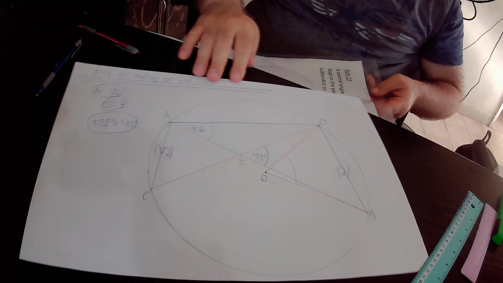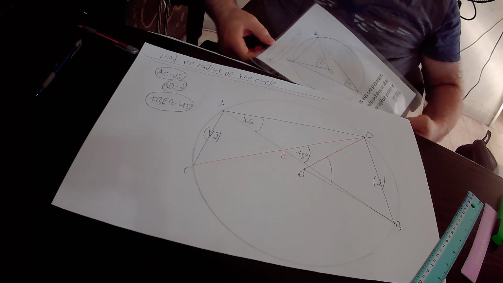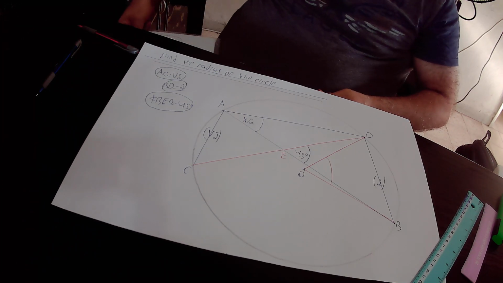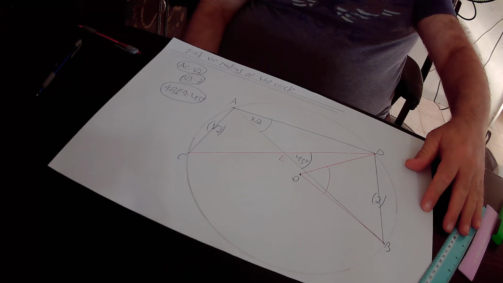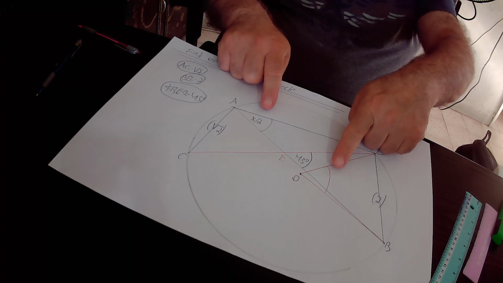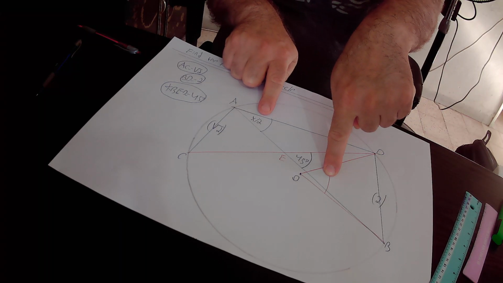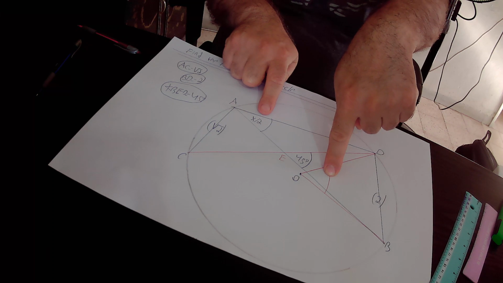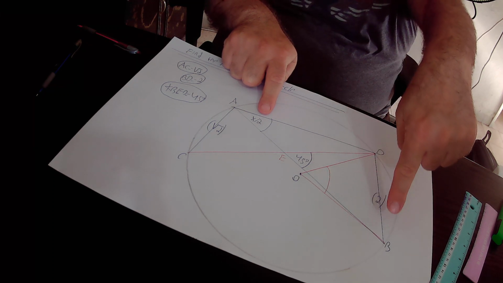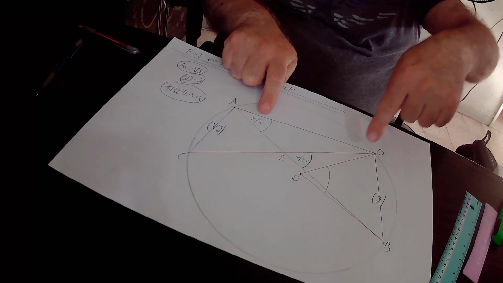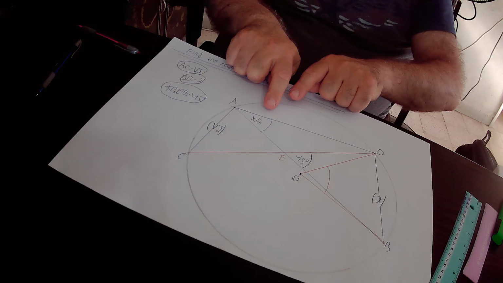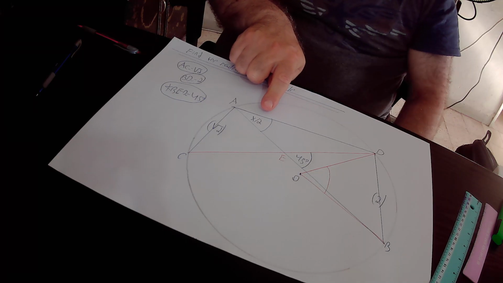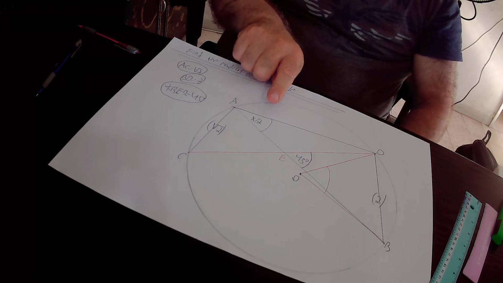Why? Because in our drawing those two angles are both subtended on the same chord called BD. And we know that according to our definition, this is peripheral angle DAB.